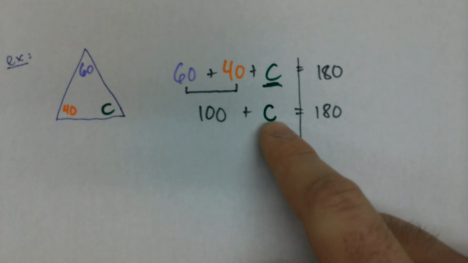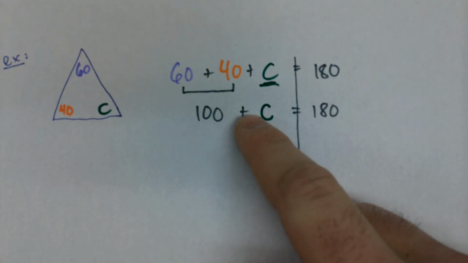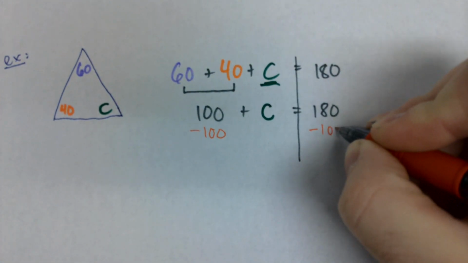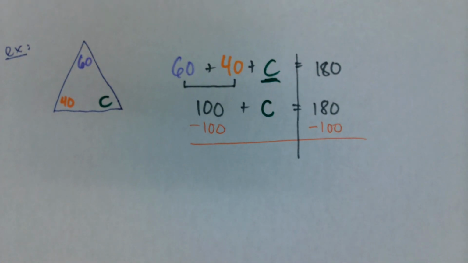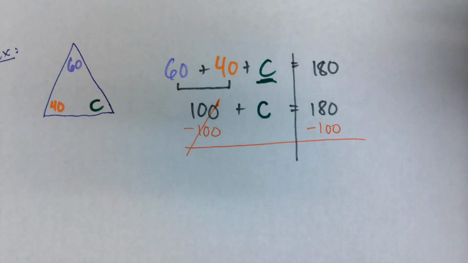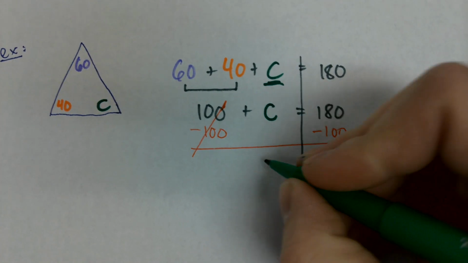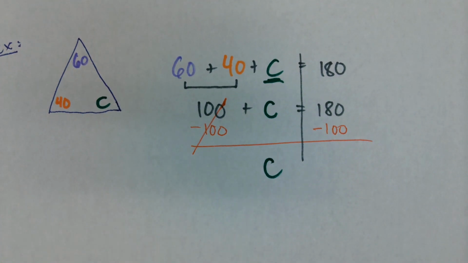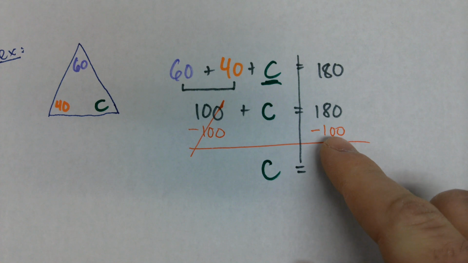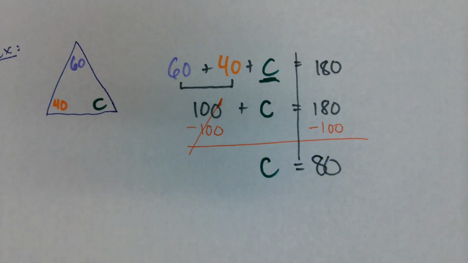And now if we want to get C by itself, we got to do the inverse of adding 100, which is subtracting 100. And what we do to the left, we also have to do to the right. The hundreds on the left cancel out. 100 minus 100 is 0, leaving us with that nice isolated C, which is equal to 180 minus 100. Well, that's just 80.